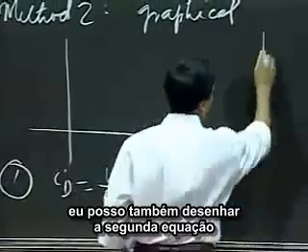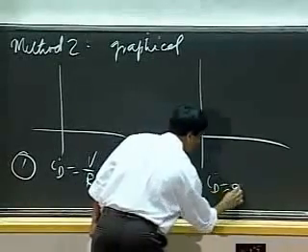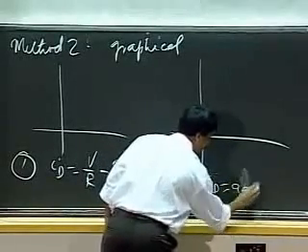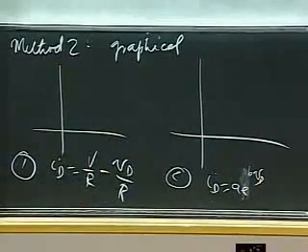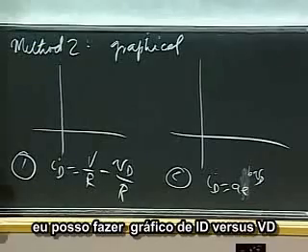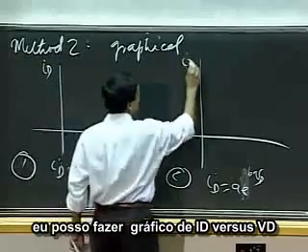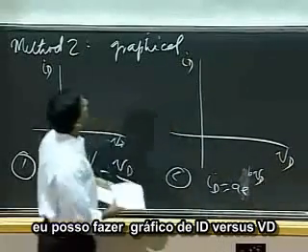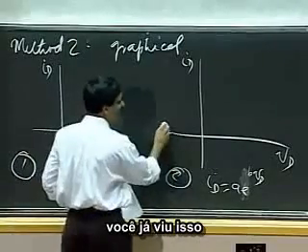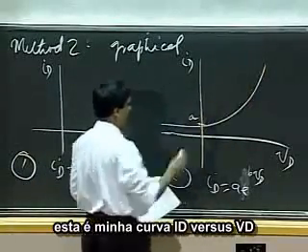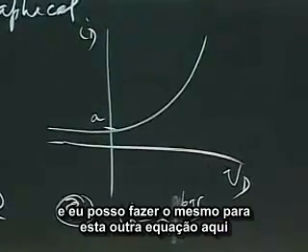And I can also draw the second one. I can do an ID versus VD plot, and in this particular situation, you've seen this already. That's my ID versus VD curve right there.